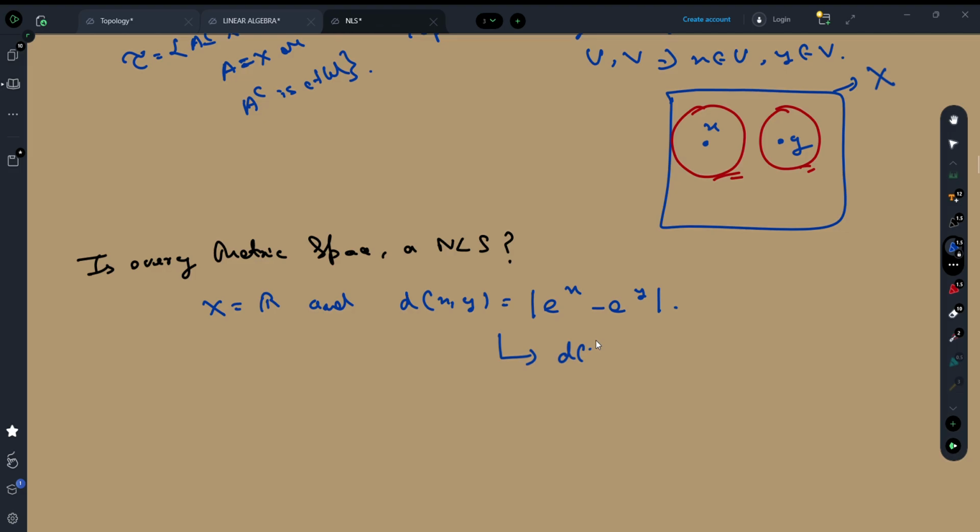And if it's equal to 0, then e to the power x must be equal to e to the power y, and that happens if and only if x equals y. Furthermore, if you have d(x,y), then using the absolute value property, you can just reverse the statements to get e to the power y minus e to the power x, and that will give you d(y,x), right? And the triangle inequality is also trivial. Just add and subtract some e to the power z. It's very obviously a metric space.